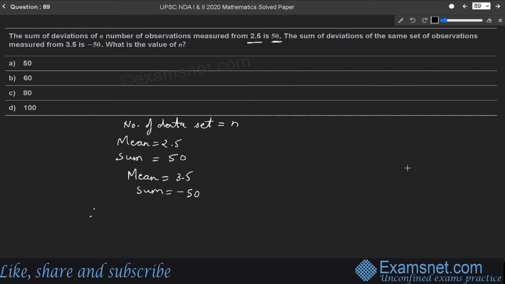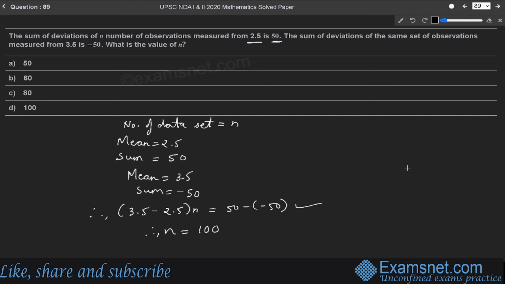So 3.5 minus 2.5 into n is equals to 50 minus minus 50. So it will be equals to n will be equals to 100. By solving this equation, we will get the value of n as 100.